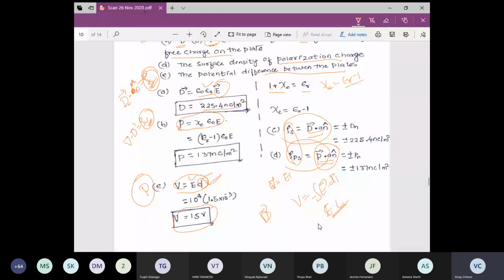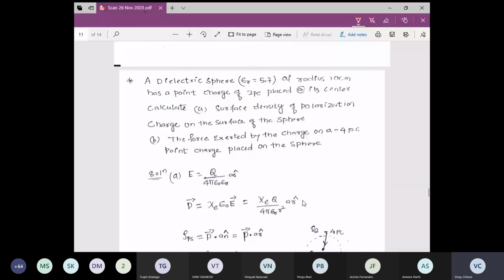A dielectric sphere with epsilon r as 5.7 and radius 10 centimeter has a point charge of 2 picocoulomb placed at its center. So you have a dielectric material, and at the center of that they have placed the 2 picocoulomb, and this 2 picocoulomb is actually a free charge.